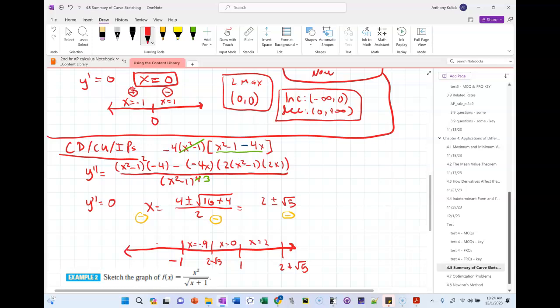Is that negative? Yeah. I just had to make sure I had something smaller than 2 minus √5.